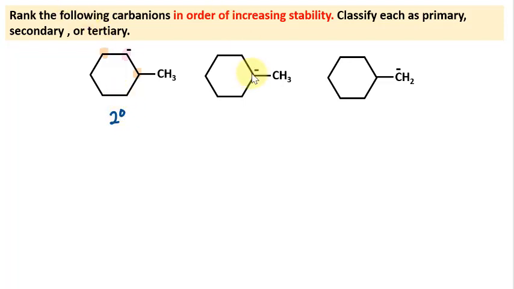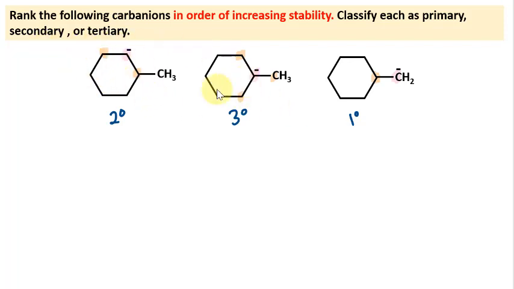Next we have this one. Since there are three carbons next to it, so three alkyl groups, this one is the tertiary carbanion. And last but not least, we have this carbanion, with only one carbon attached to it, so it is a primary carbanion.